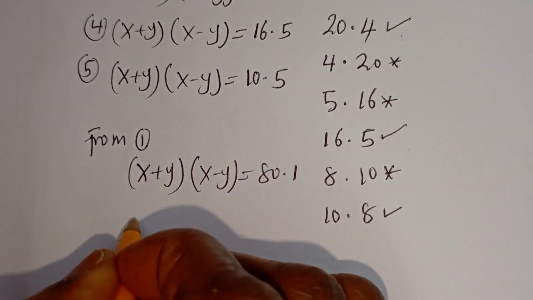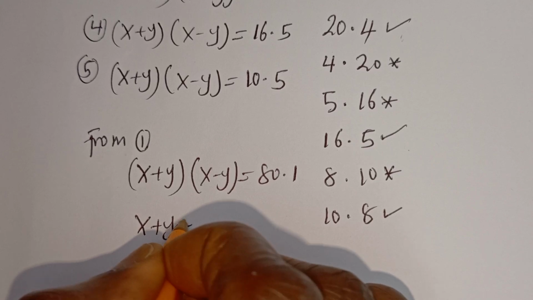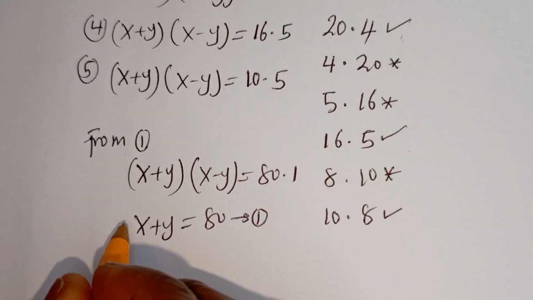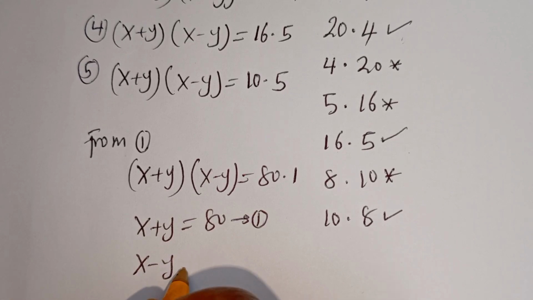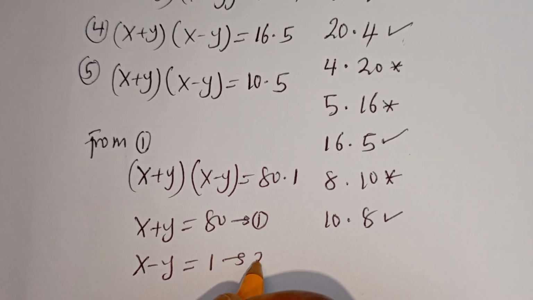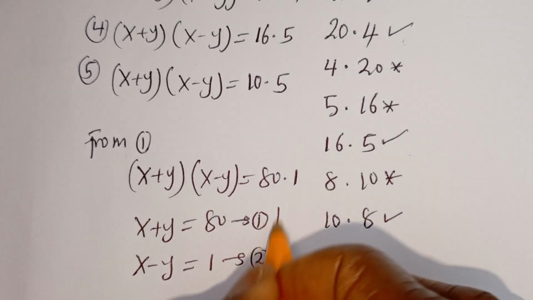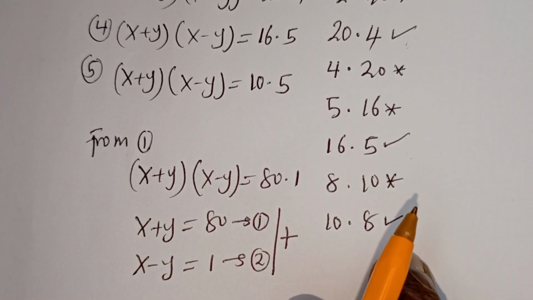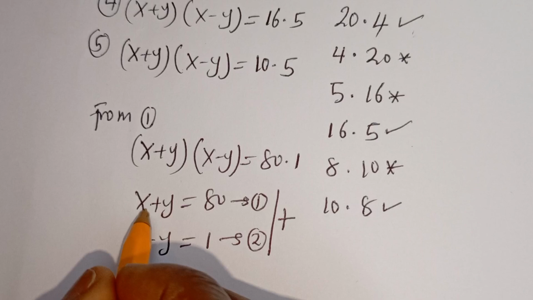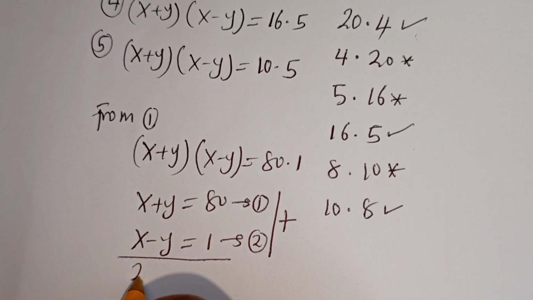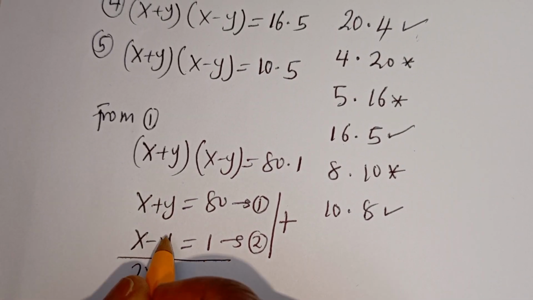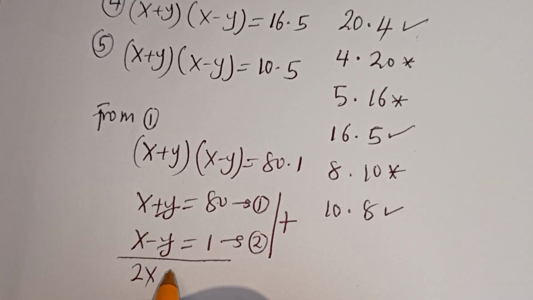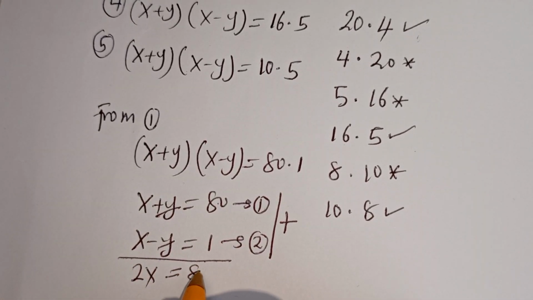Then this is x plus y is equal to 80, equation 1, and x minus y is equal to 1, equation 2. We can solve this simultaneously by using the elimination method. We can add the two equations together. Then x plus x, this is 2x, plus y minus y will cancel. 80 plus 1 is equal to 81.